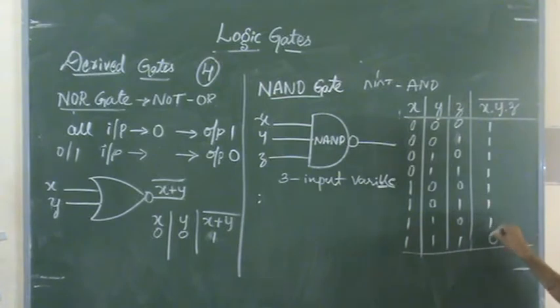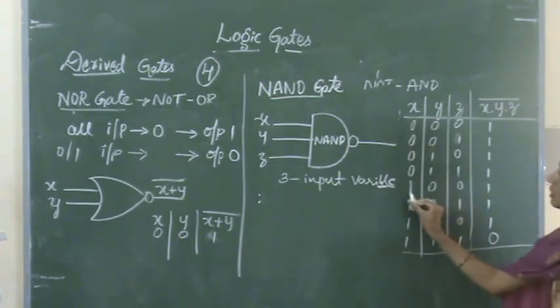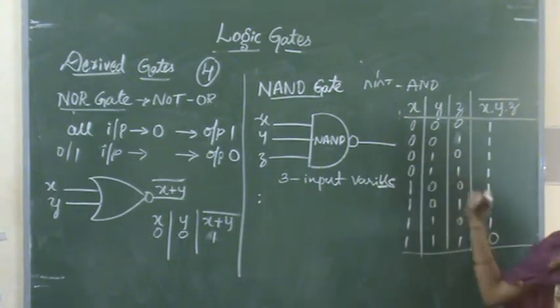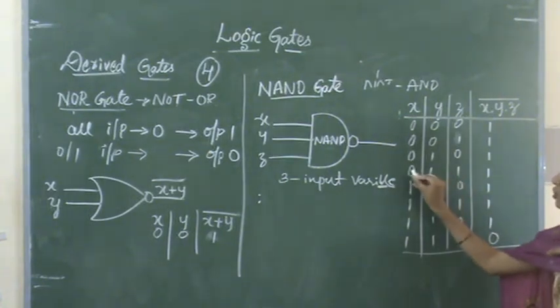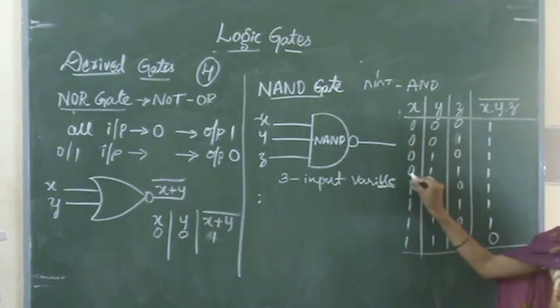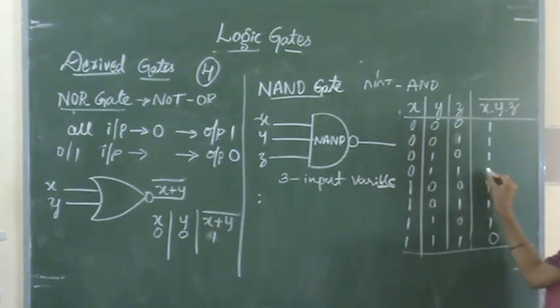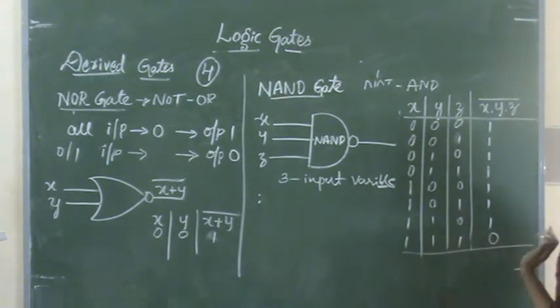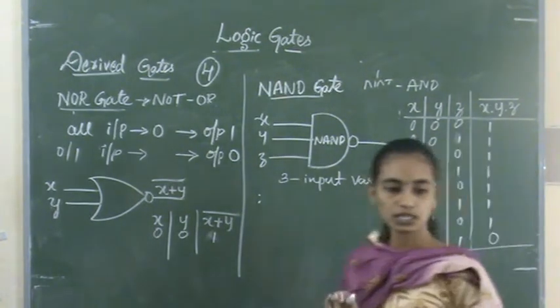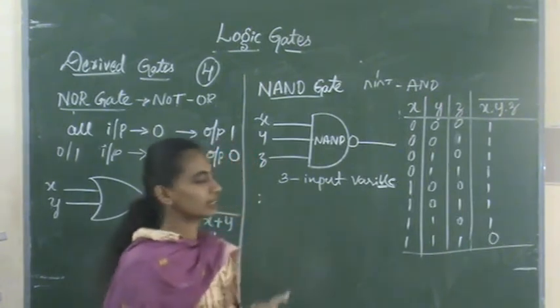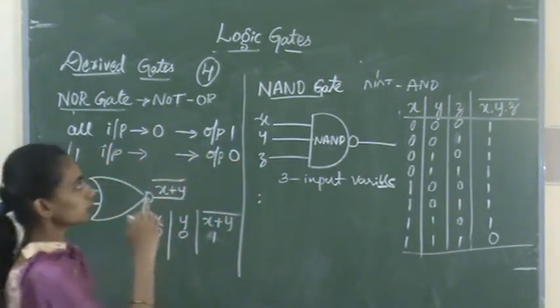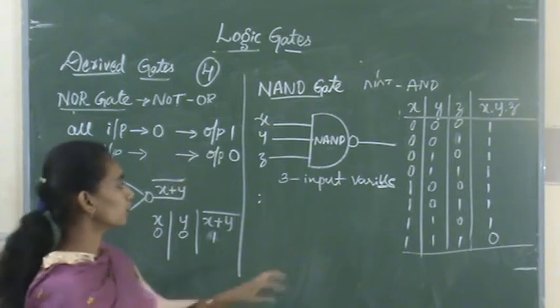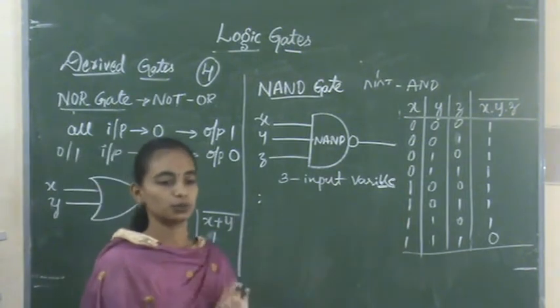For the remaining, the output is 1, because not all inputs are 1; for example, the input of X is 0 and the remaining are 1, so the output is 1. When all the inputs are 1, only then the output will be 0. Like this we can write a 3 input NAND gate and its truth table.